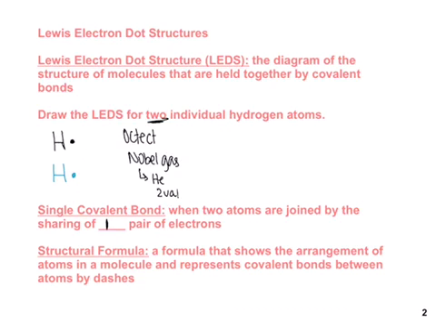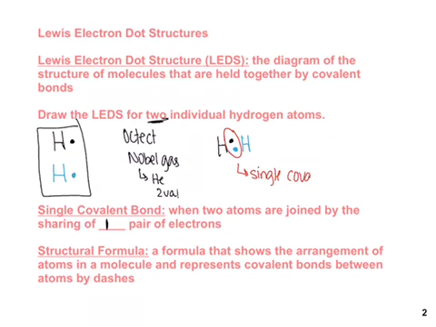So when these 2 hydrogen atoms bond together, we're going to draw it like this. We're going to simply join together those hydrogen atoms. This right here is showing a single covalent bond, and we know it's a single covalent bond because each atom is contributing 1 electron to the pair.